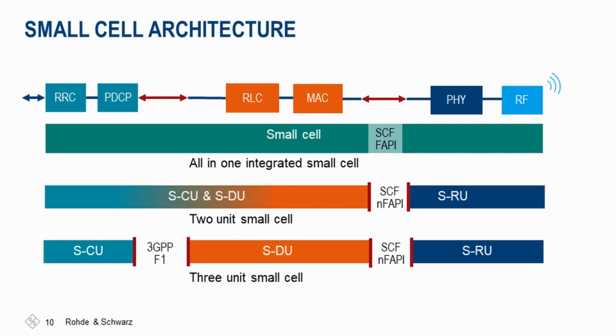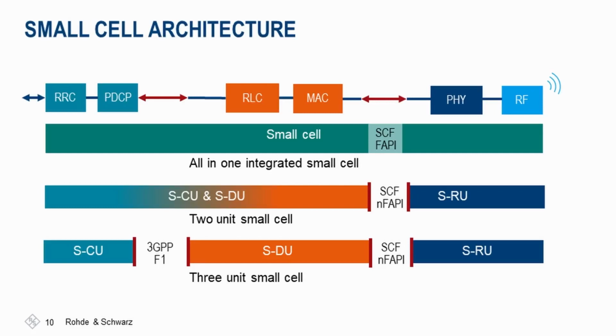And then next is the 2-unit small cell. Here you can see the split, and the radio unit is on separate hardware, and the CU and DU are on separate hardware. It's called the 2-unit small cell.